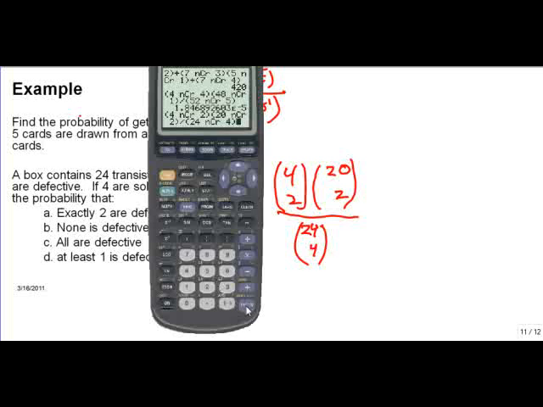Alright, so we can compute that, and notice our probability here is 0.1073.